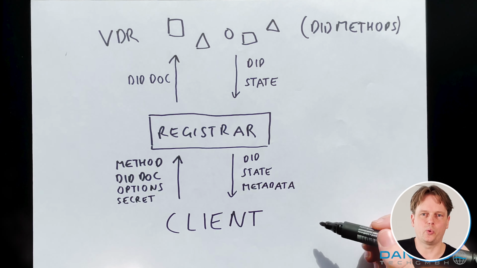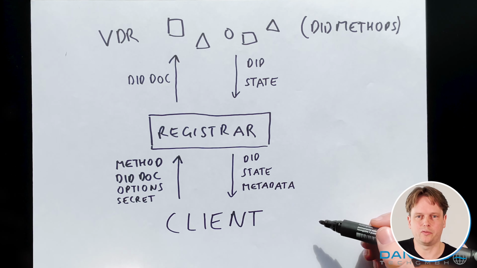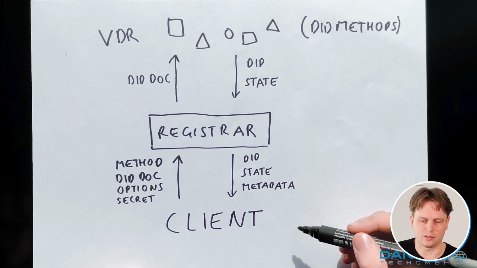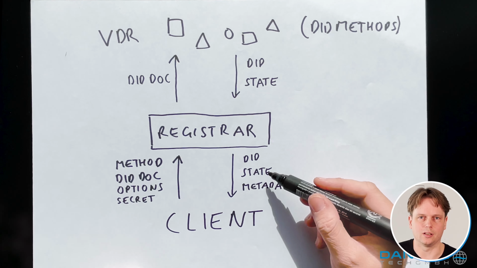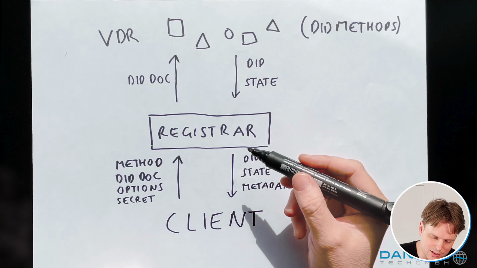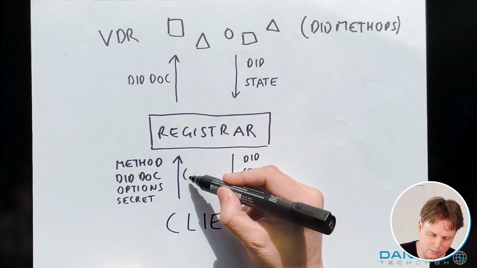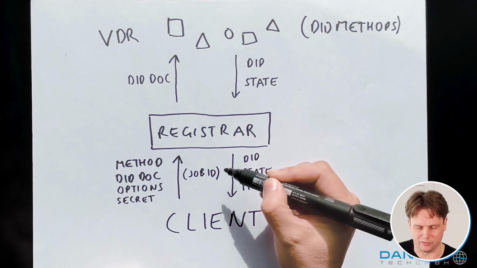Sometimes a client may have to wait until a DID is fully created or anchored on a ledger. Sometimes the client may have to perform some actions before the registrar can proceed with the process. So we model this using a state component, and to keep track of this state between a client and a registrar, we introduce a field called job ID, which is passed back and forth.